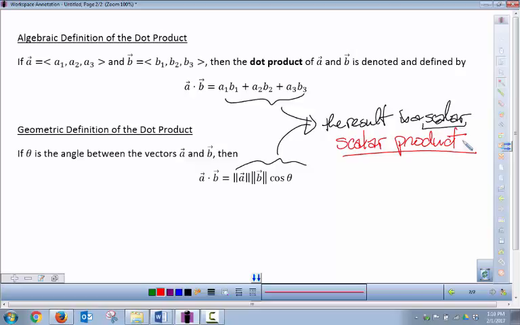Each person is going to be assigned a vector, and that vector will be your average scores of your quizzes, your exams, your homework, your labs, and all that stuff. I'll put that in a vector, and then I have another vector that describes the weights of each of those categories. By taking the dot product, I'm going to get your final grade. So let's take a look at that example.